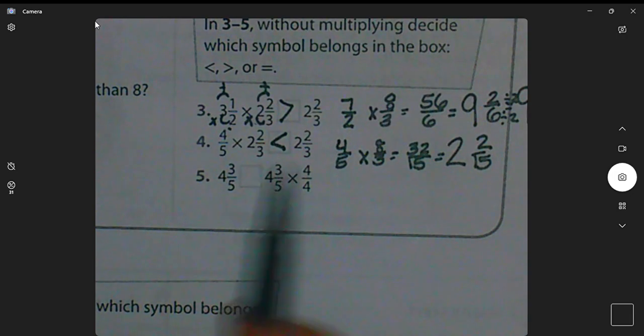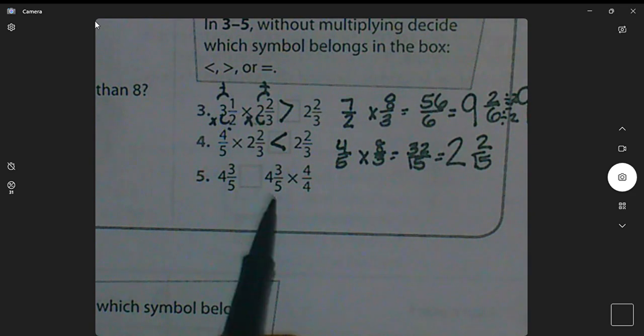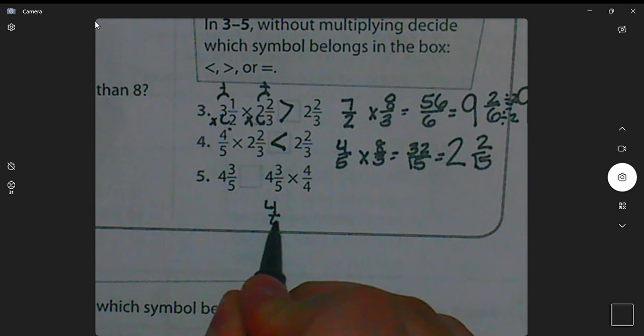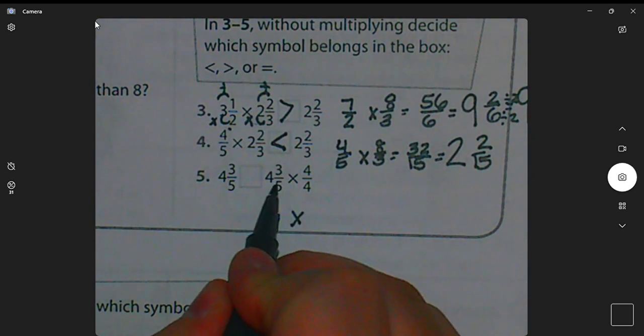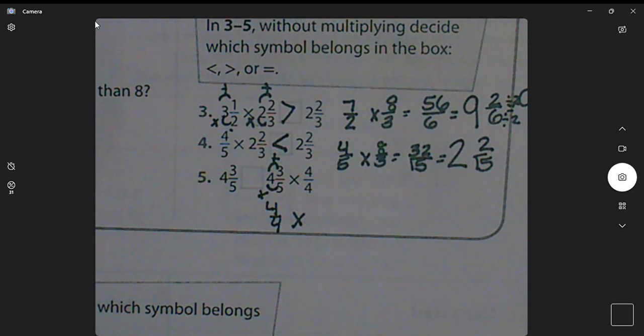Let's look at number 5. 4 3/5 is greater than, less than, or equal to 4 3/5 times 4/4. So I'm going to bring my 4/4 down. And again, multiply, then add. 4 times 5 is 20. 20 plus 3 is 23.